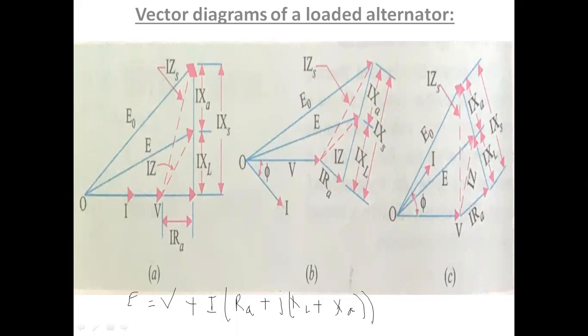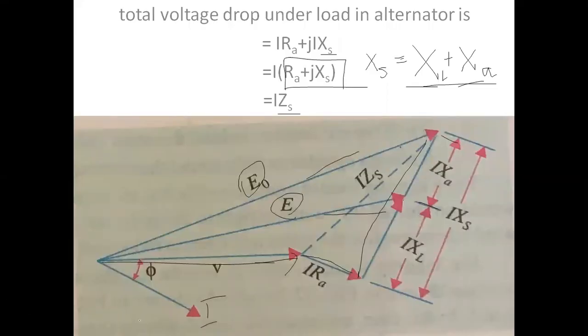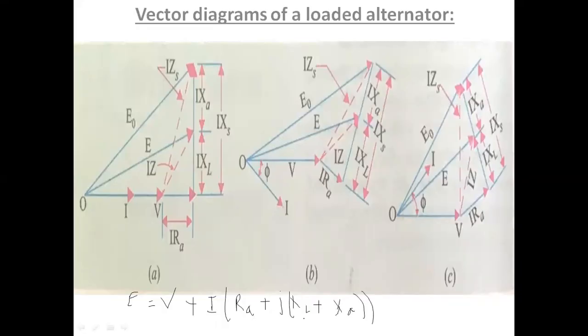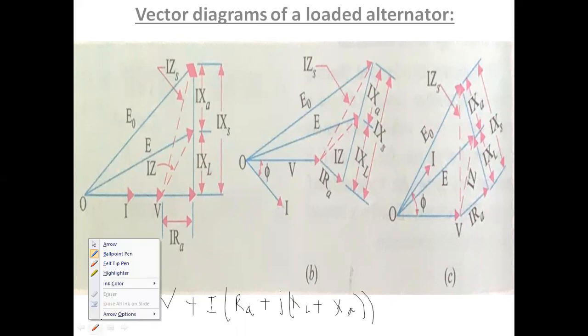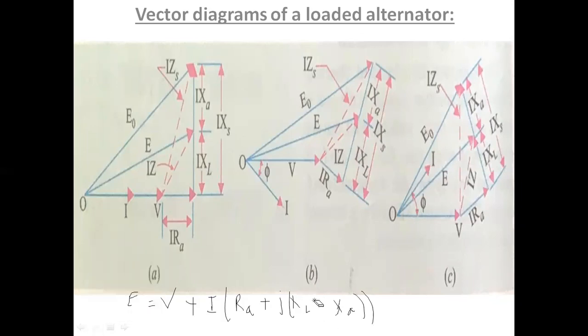Okay, so this is the formula for E. And for E naught, I have to add: E naught is equal to V plus I into (RA plus JXS). Okay, so this is the E naught formula and E formula.